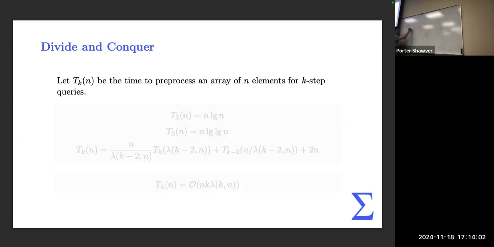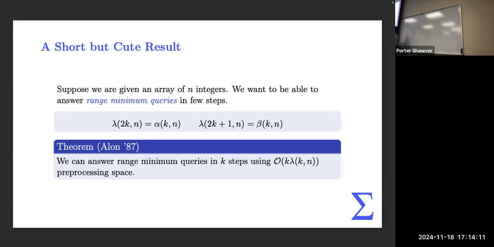When you have one step, when you're only allowed to look at the array once, this is the algorithm to pre-process. We want to find the minimum time and space to pre-process the array such that whenever the user wants to query it in the future, we can return the answer very quickly. If you want one step, there are n squared different intervals that the user could query from.